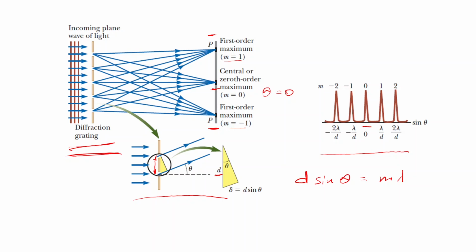So let's say if it's some glass substrate where some pattern of diffraction grating is scratched on the surface, then light can go through such a diffraction grating.